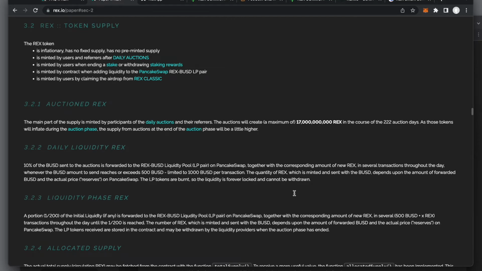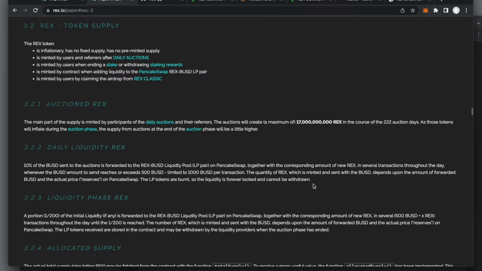And that will just happen. It looks to me like that's happening several times during the day by the contract whenever the BUSD amount to send reaches or exceeds 500 BUSD. So every time the contract receives 500 or more BUSD, 10% of that is paired with newly minted REX and sent to PancakeSwap.